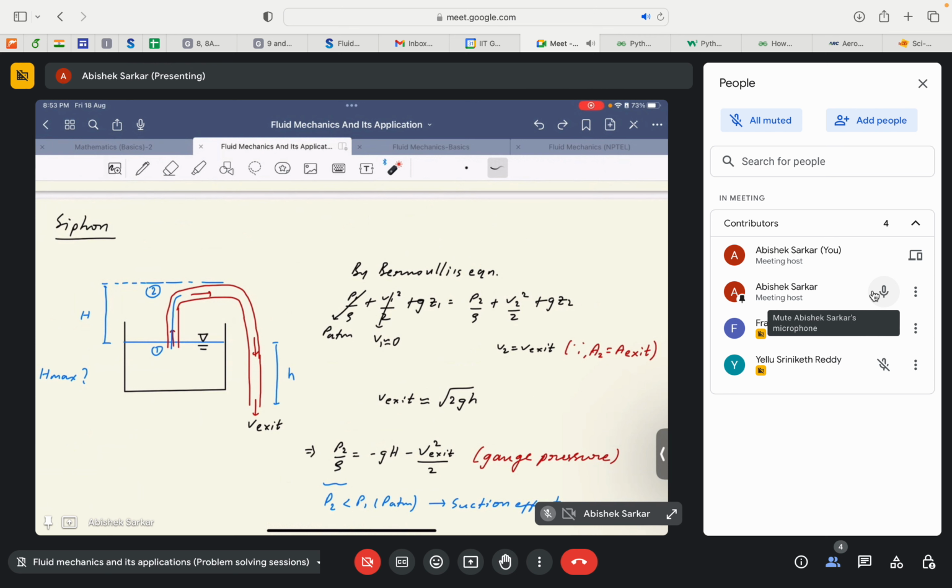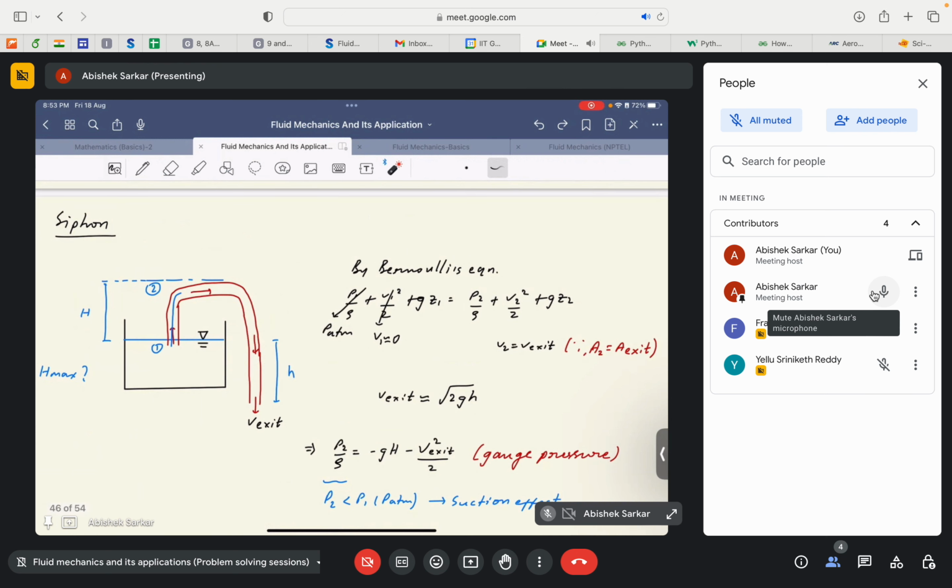Similar to the previous case, we consider a water tank containing some fluid, and we assume that there is a pipe devised in a manner that its exit lies below the free surface level of the container. This is the free surface level, right? So the exit is below the free surface level at a height h.